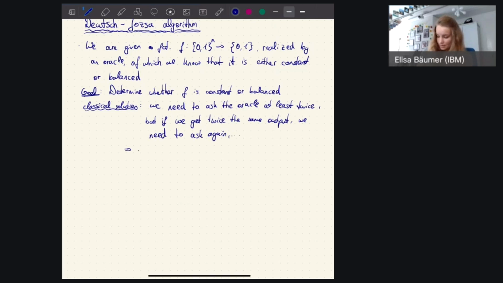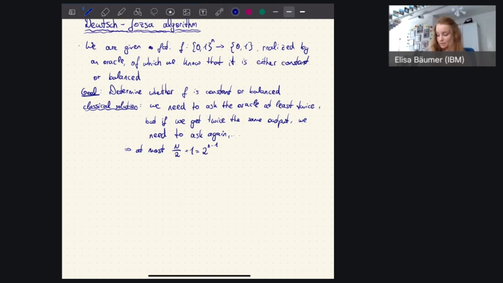And in the worst case, we need to ask it N/2 plus 1 times, where N is the number of possible bit strings, which is 2 to the n. And so N/2 is the number of possible bit strings that, even if it's balanced, could return the same value.